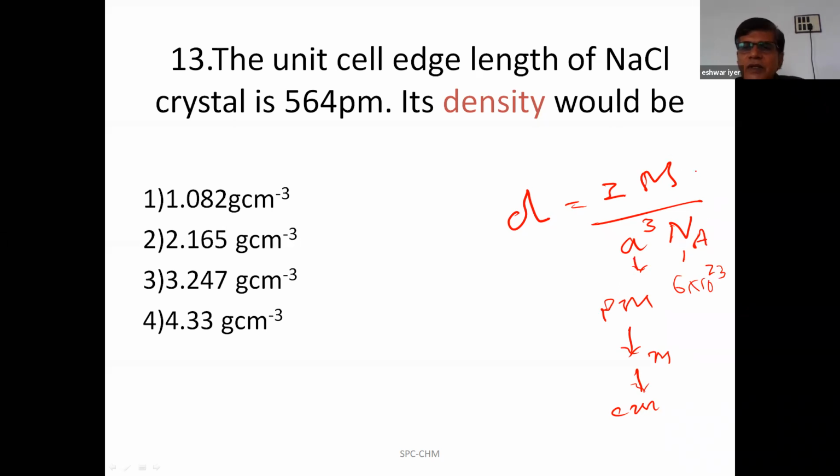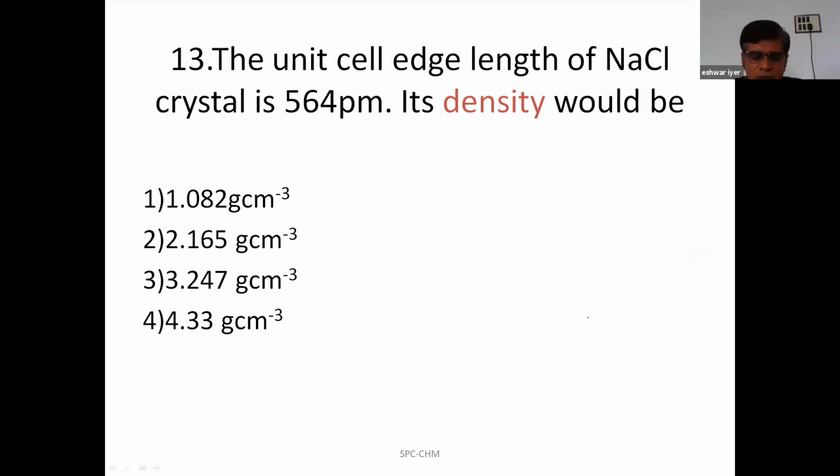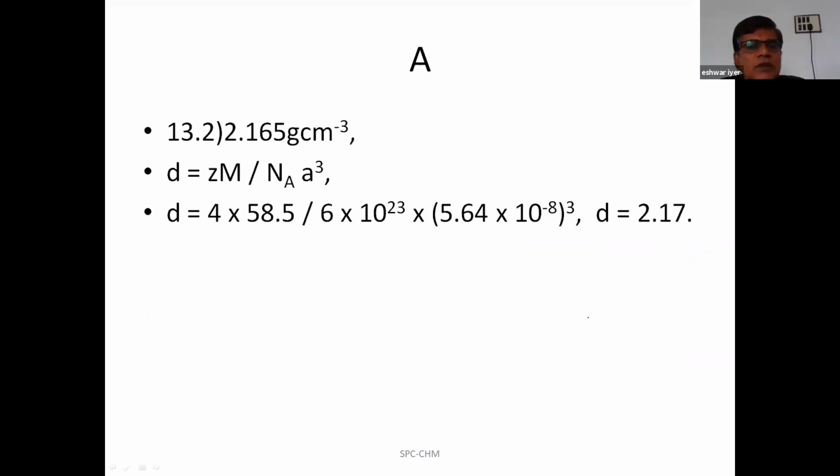Molar mass of NaCl, it should have been given here, but it is 58.5 grams per mole. Then Z, NaCl is known to be FCC. The Z value is 4. With all of them, you can find the density. So let us see the next slide. Answer, yes.